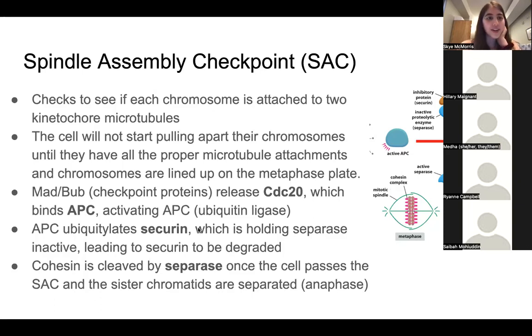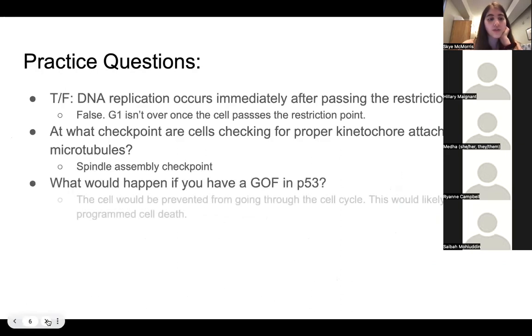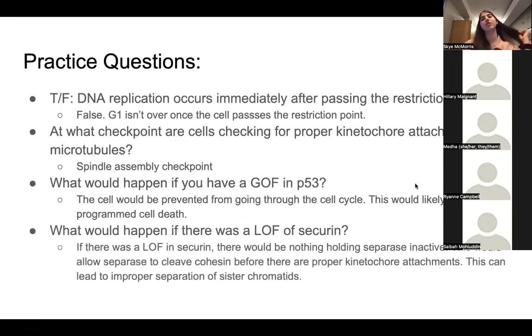Okay, I can go over it. All right. So if you have a loss of function of securin, essentially there's nothing that's holding separase inactive, right? Securin is the molecule that holds separase inactive, that prevents separase from being able to go ahead and cleave cohesin. So let me just go back to that diagram.